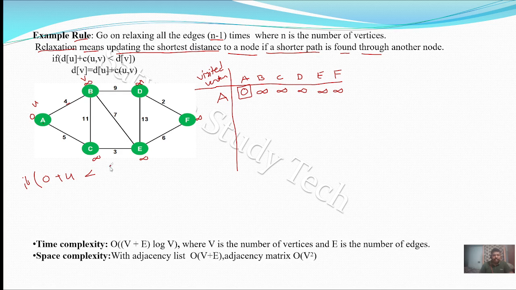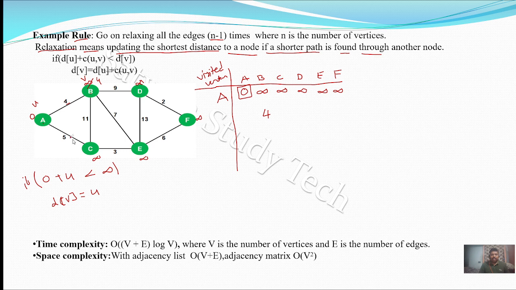It is infinity. If the condition is true, then you can update D of V equal to D of U plus cost of UV. That is 0 plus 4. So we can update it. Now A to B is 4.